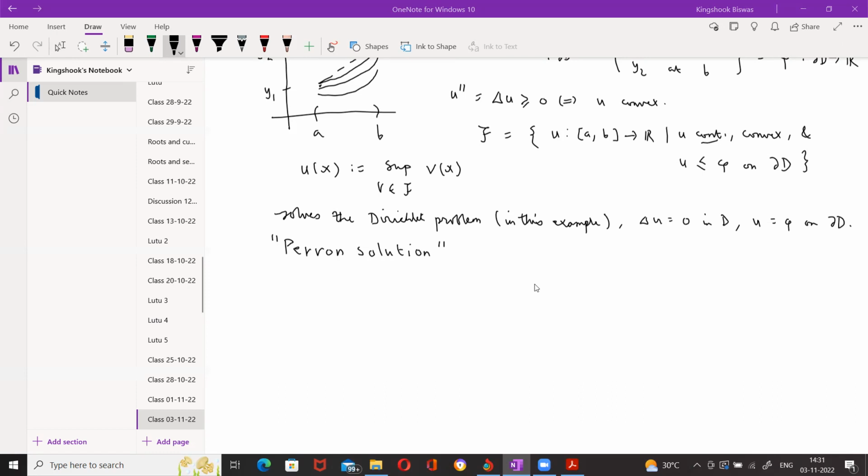One important feature of proving that this supremum is harmonic is that if I have a convex function, and this is my interval AB, then if I take any sub-interval here, say CD. Let me make the drawing a bit better, one second.